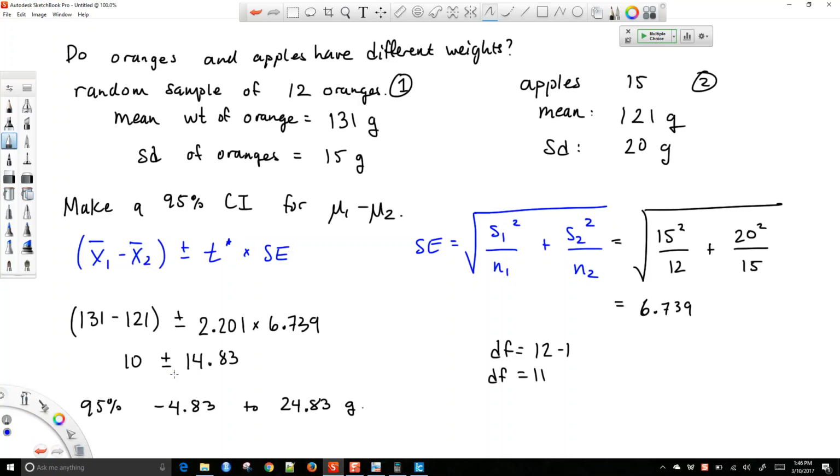So based on my confidence interval, it does not provide evidence that apples and oranges have different mean weights.